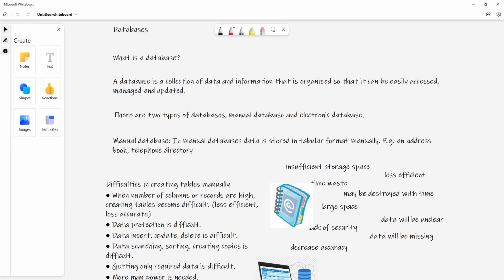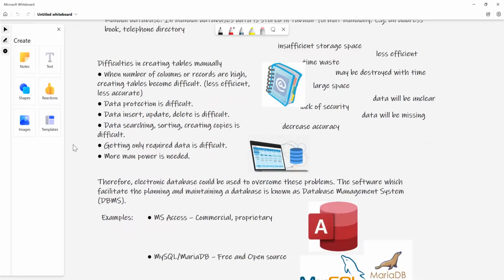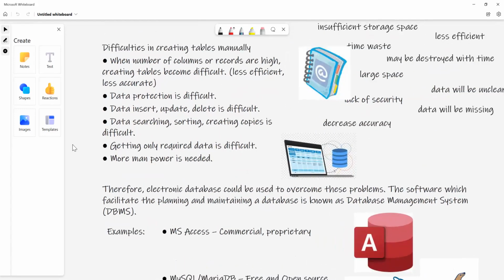But then we also discussed there are a lot of difficulties that come in when you're creating data manually. Therefore, we need to maintain data electronically.